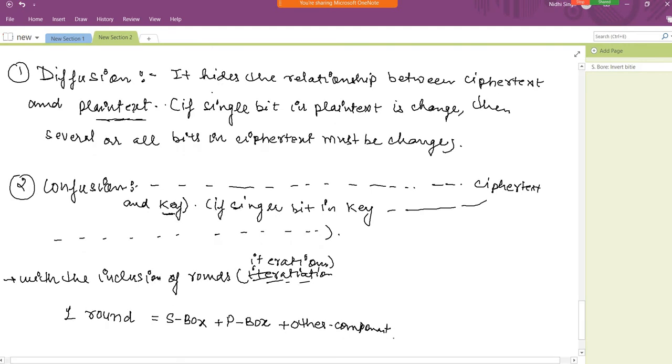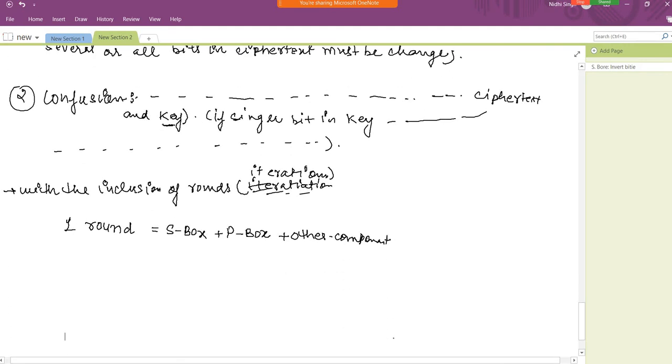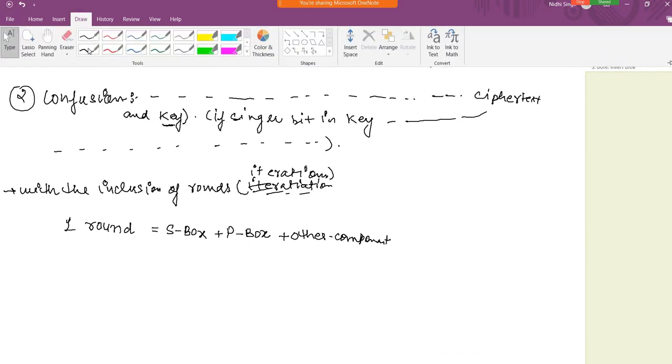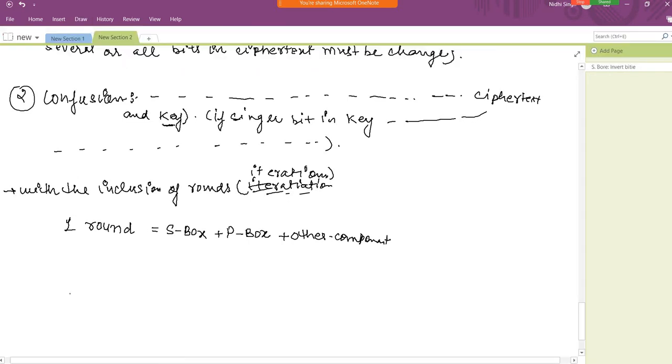Also, in order to get more security, the product cipher uses one key generator algorithm. This key generator algorithm's task is to generate a key for each round. In the encryption process, there may be many rounds, like round number 1, 2, 3. If you use the same key for each round, then a high level of security and the second property, that is confusion, cannot be achieved properly.